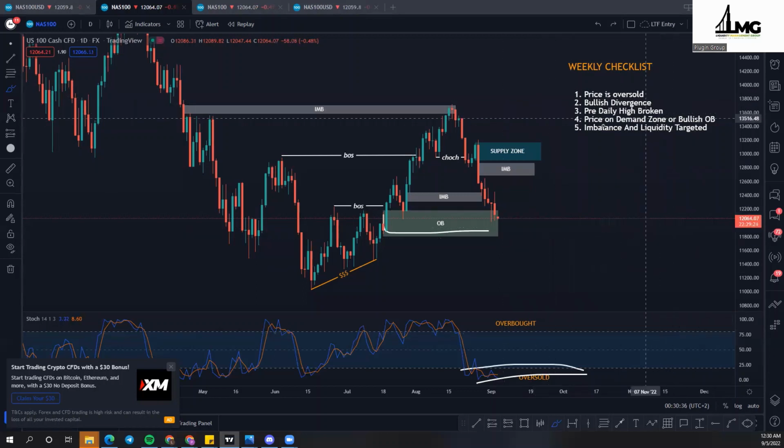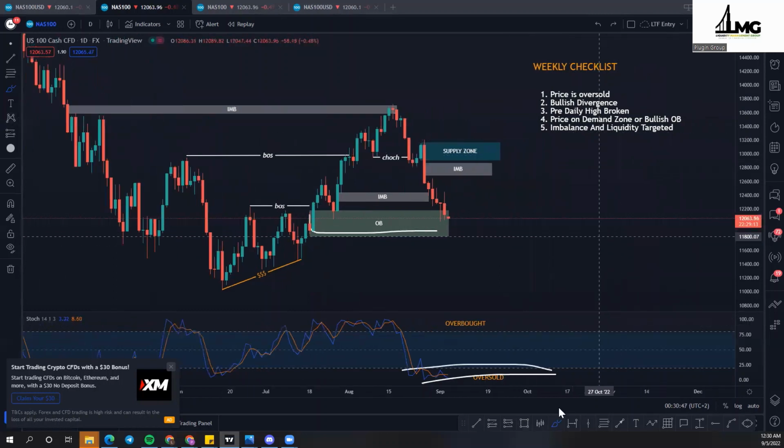Looking out for divergence, and then the third thing is looking out for the daily candle of the previous day being broken, the daily high of the previous day being broken. So since we know that when price is in a trend, it needs to break the low of the previous day or the high of the previous day. If we're in a downtrend, we're expecting price to keep on breaking the lows.